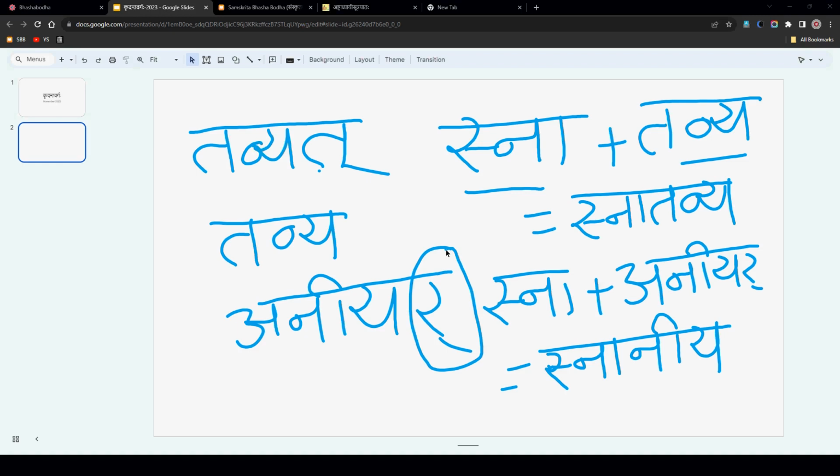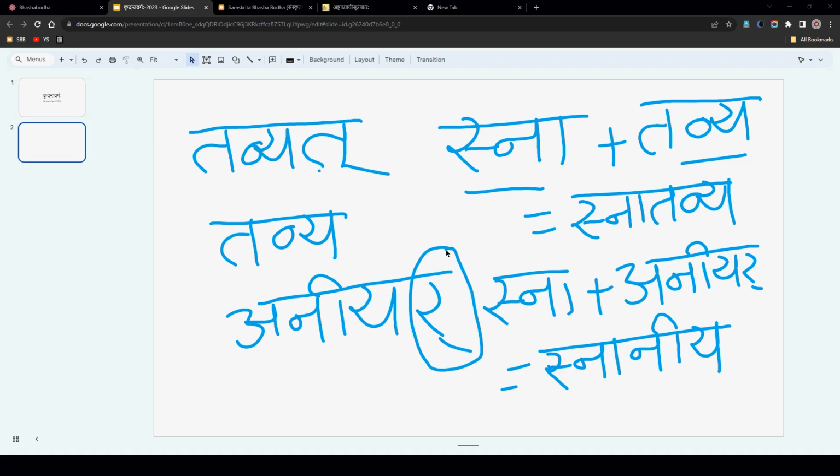That is the it letter here. Refa is the it letter here. That will be removed during the process of derivation as per the Ashtadhyayi. Ashtadhyayi sutras are there to remove this. So sna plus aneeyar becomes snaniya. Everywhere, wherever aneeyar is added, the last ra is removed.